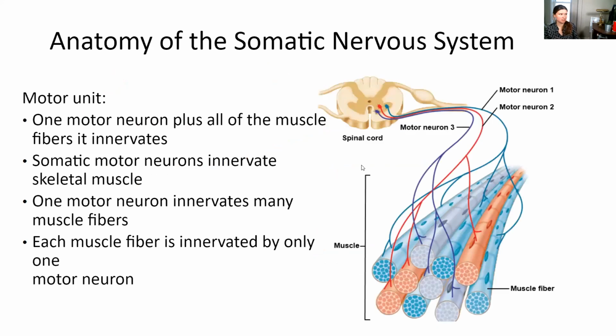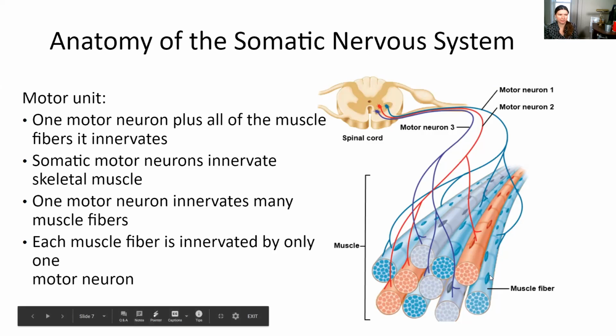If we zoom in a little deeper, we know that if we track a single motor neuron, it does this cool thing where as it approaches the skeletal muscle that it's innervating, we're going to see that it splits. So our single motor neuron is going to have many, many different endpoints, each of which will go to a muscle fiber.